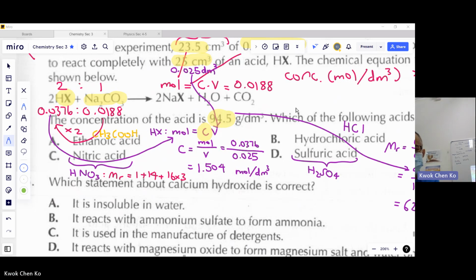Bravo, you get 63. So nitric acid will be the closest answer. I know it involves quite a few steps, but try to follow the logic.